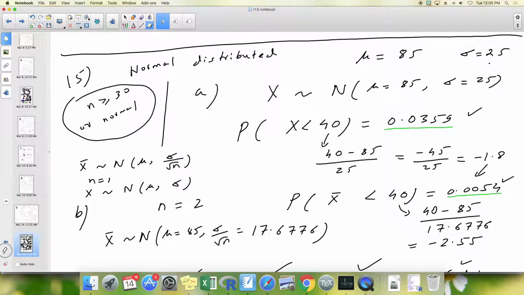So x follows normal with mean 85 and standard deviation 25. They are asking the probability x less than 40. Usual stuff: find the z-score, 40 minus 85 by 25, that's minus 45 by 25, which is minus 1.8.